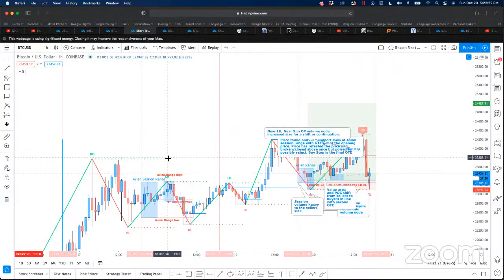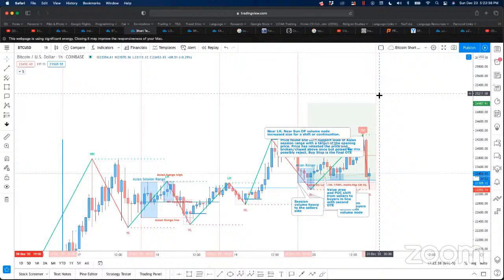So if that's going to be the case, even if you get stopped out, you still take a temporary buy, take partials along the way when you see it reject back down, but leave something in so you can try to get it to push up to that 25,000 area, which is around here.